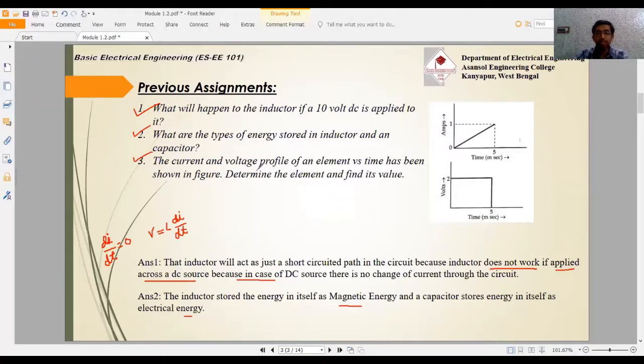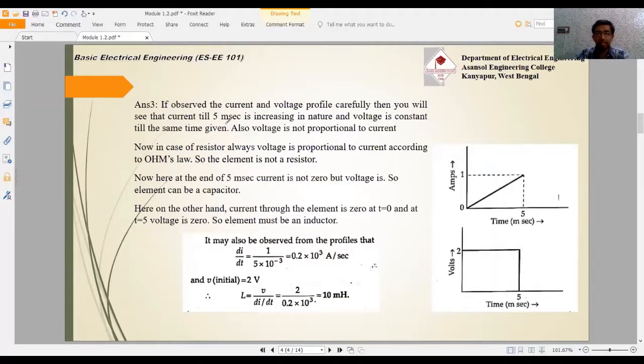The current and voltage profile of an element versus time has been shown in the figure. Here you are observing two characteristic curves: current with respect to time, and voltage with respect to time. In the case of a resistor, the voltage is always proportional to the current because V equals IR.